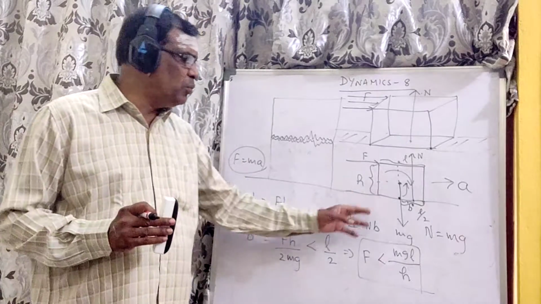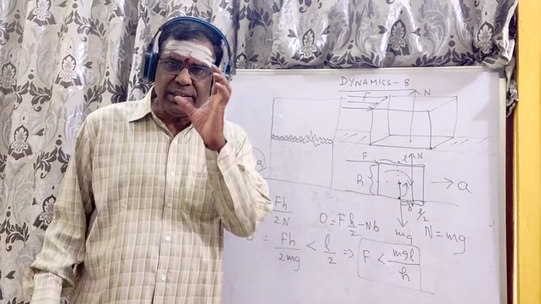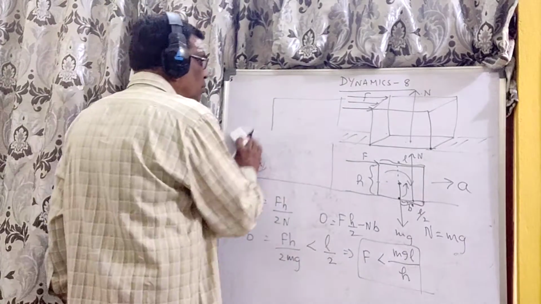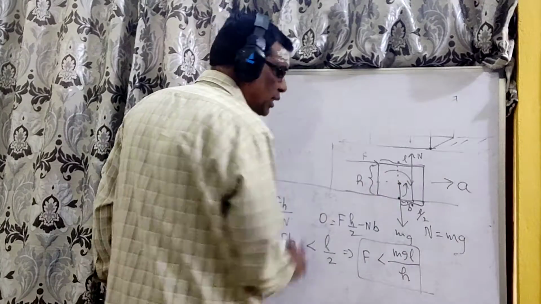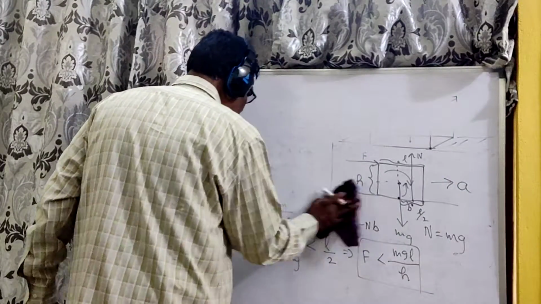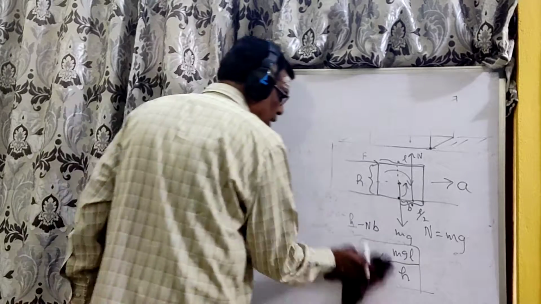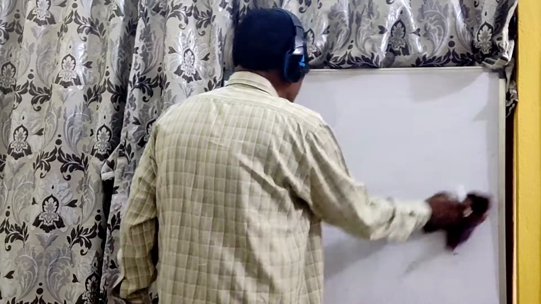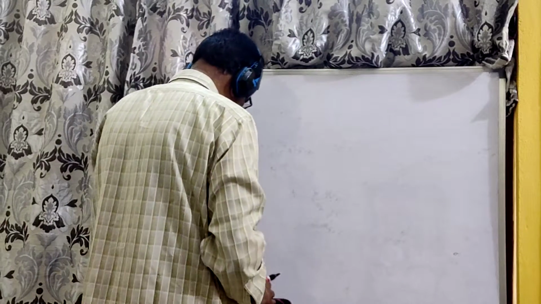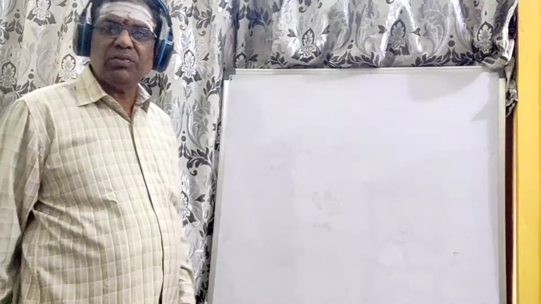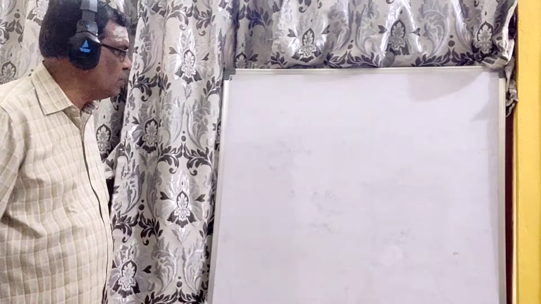The maximum to which it can get shifted is the edge. That is what we have learned. Okay? Right. But since in most of the cases, I'm not going to represent any complications, I would only take up simple cases for normal force. Okay?